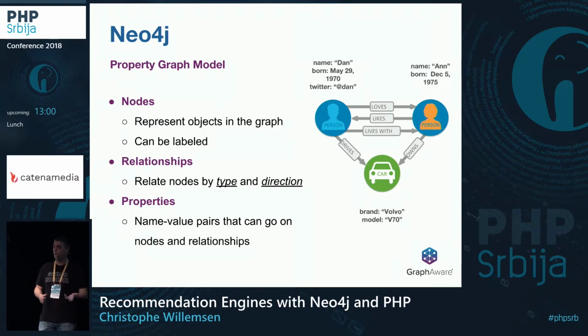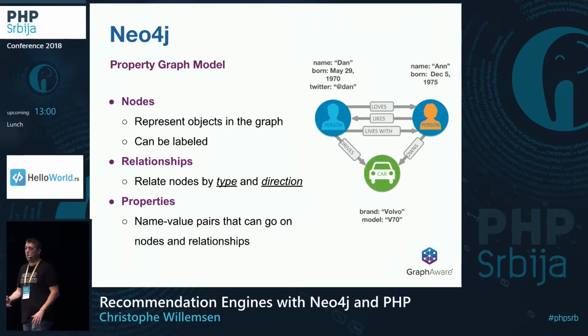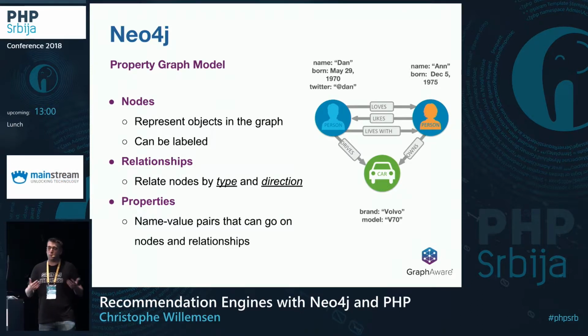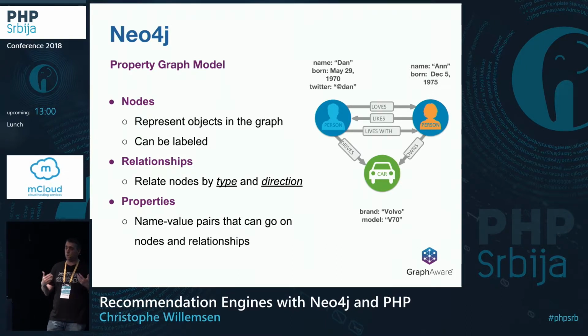So you don't have an enforced schema in the background. You can have a node person with 3 properties and another node person with only 2 properties. So there is no enforcement. You can add your own schema, so you can enforce this. But by nature, Neo4j is schemaless.